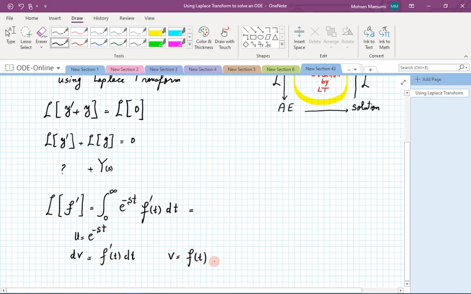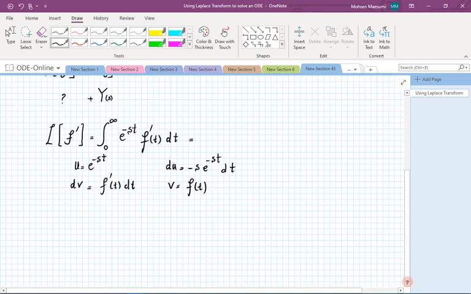We don't need to bother with the constant, and here du is going to be the derivative of this, which is minus s exponential of minus st dt. And of course you remember the magical formula: integral of u dv is uv minus integral of v du, integration by parts, which itself is just the product rule in disguise.